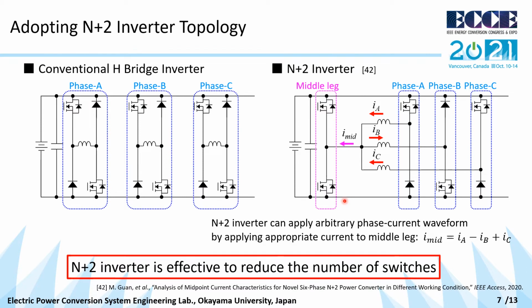Therefore, the number of switches can be reduced almost in half. In addition, for example, the phase current of phase A is separated into the other phases and the middle leg. Therefore, the N+2 inverter can apply an arbitrary phase current waveform by applying appropriate current to the middle leg, as this current.